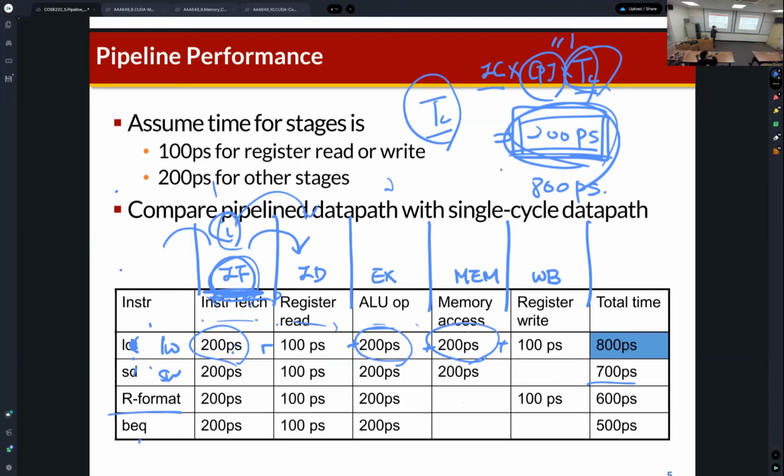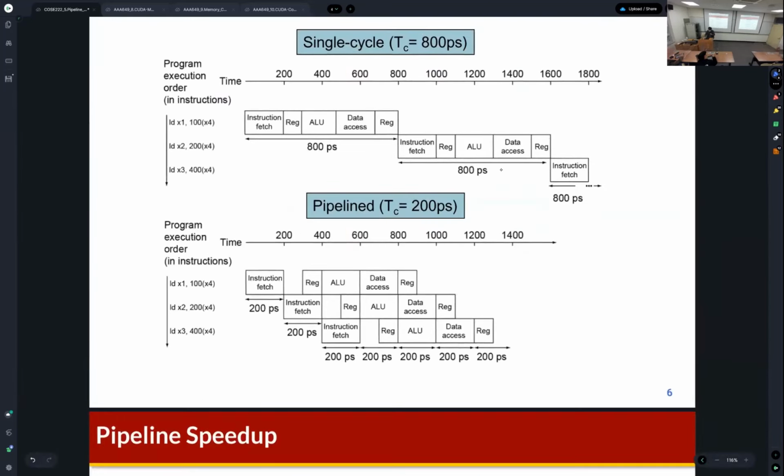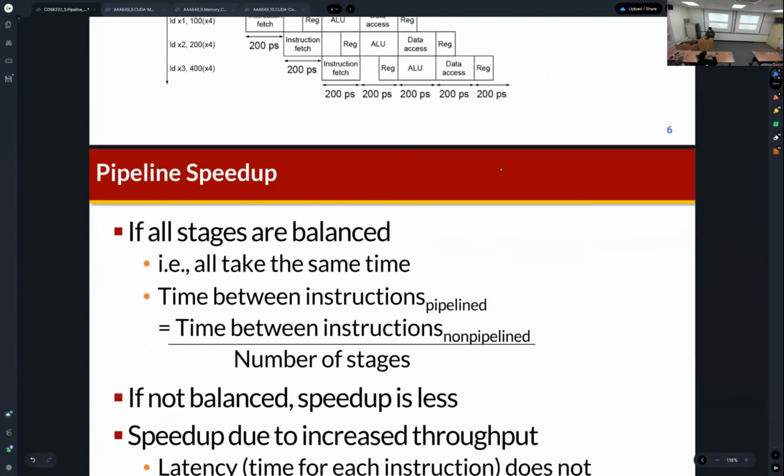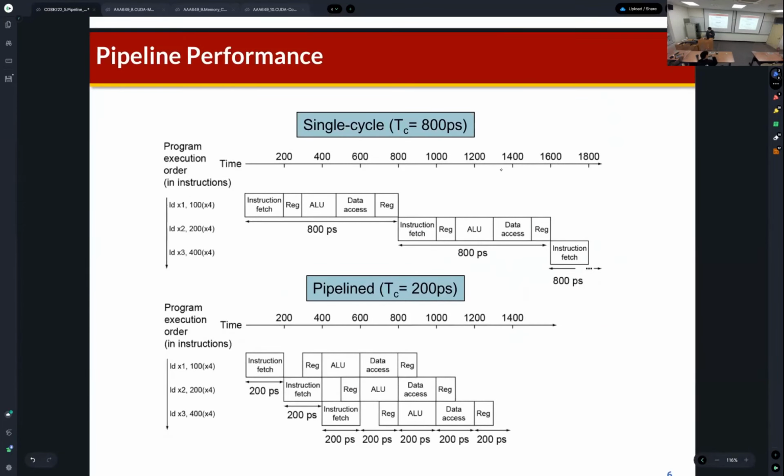So this is the benefit of the pipeline architecture. Oh, it's a very good idea, right? So this is how the instructions are executed in the single cycle processor and the pipeline processor. As you can see, for the single cycle processor, the clock period is 800 picosecond.